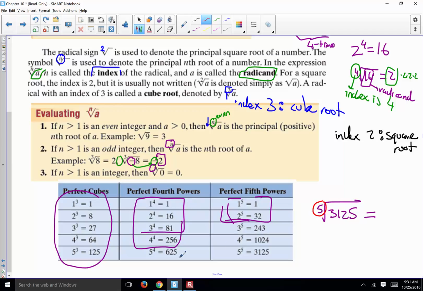Which one on the list? 5. 5 multiplies itself 5 times and becomes that. Alright. How about the cube root of 64? Yeah, that's 4. It means 4 raised to the power 3 is 64. 4 multiplies itself 3 times and makes 64.